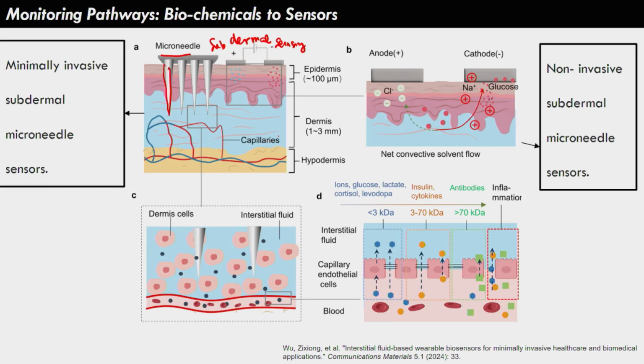It's not penetrating into the hypodermis. So it remains somewhere in the epidermis and the dermis. The depth is around 1.3 millimeters, the thickness of the dermis. So your needle would be less than 1 millimeter in length to penetrate the dermis.